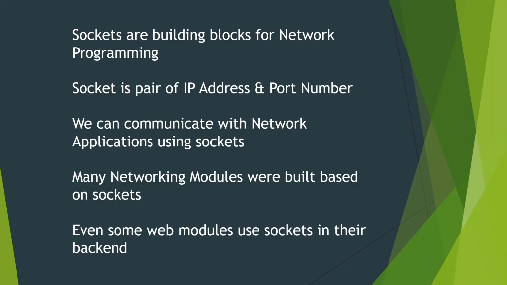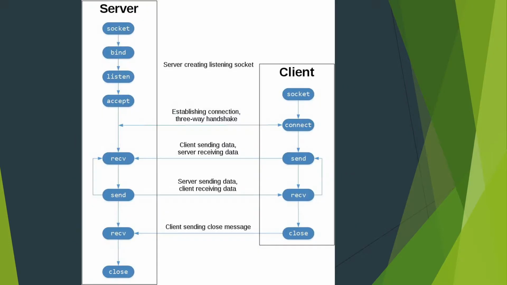So let's learn about some of the functions we need to use for Python sockets. The concept is the same, but the syntax is much easier in Python. These are the server functions, and these are the client functions. Before starting the server, we need to create the socket.